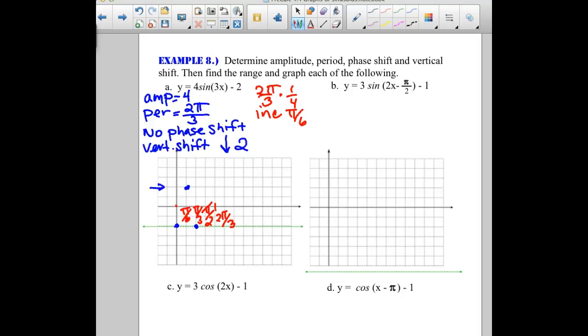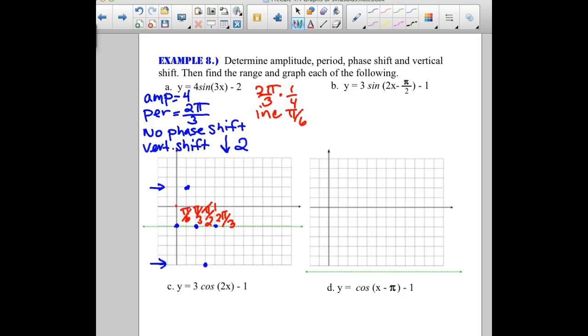What would low be? If we have to go 4 down from that dotted line, we're going to be at -6. Okay, so my next dot is down here. And then my last dot is back on my dotted line.